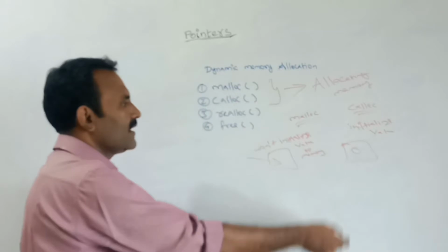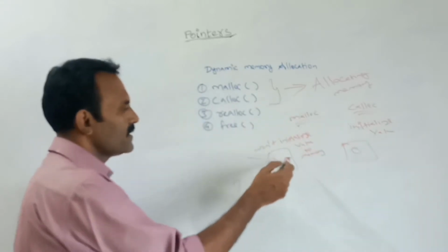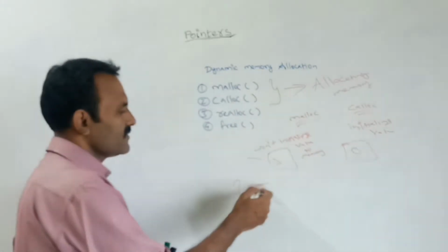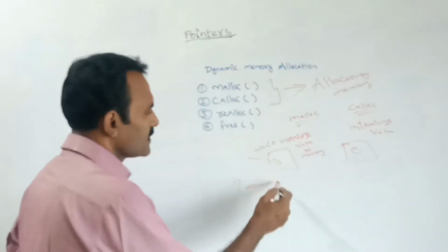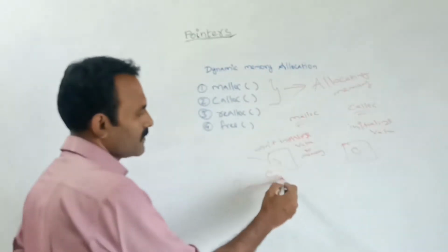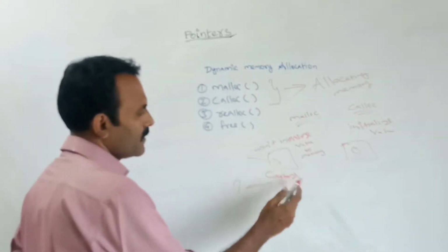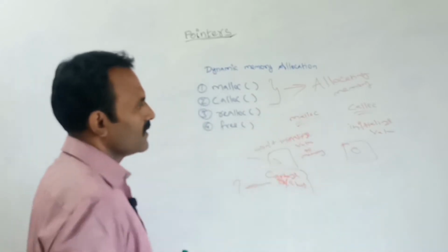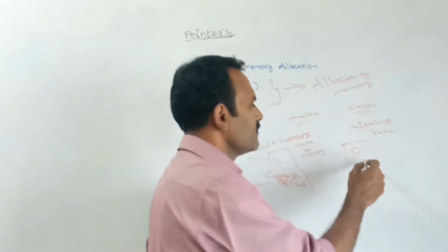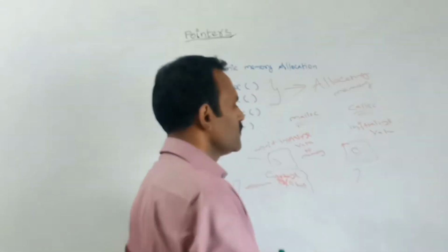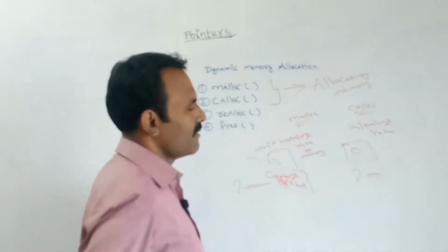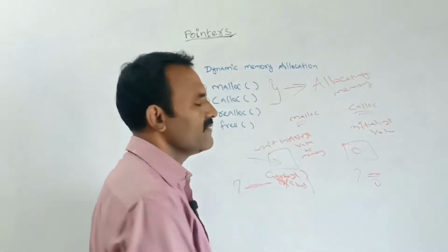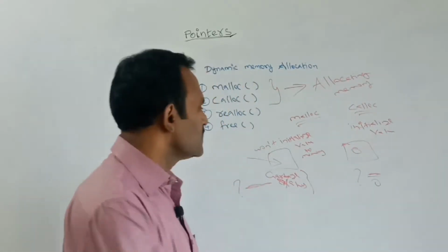Suppose after allocating the memory with Malloc, you print the values in this memory location, some garbage values will be displayed. For calloc, after allocating the memory, if you print the content inside the memory location, it will print zeros. So this is the main difference.